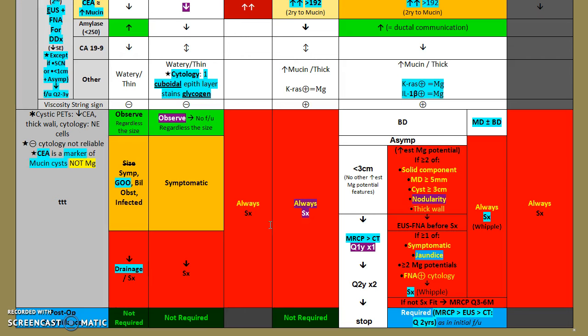So again, quickly, only symptomatic pseudocyst and the serous cyst, you send them for surgery. You don't need to follow them later on. Mucinous and main pancreatic duct IPMN and pseudopapillary tumor, you always send those patients for surgery. Hope that helps.